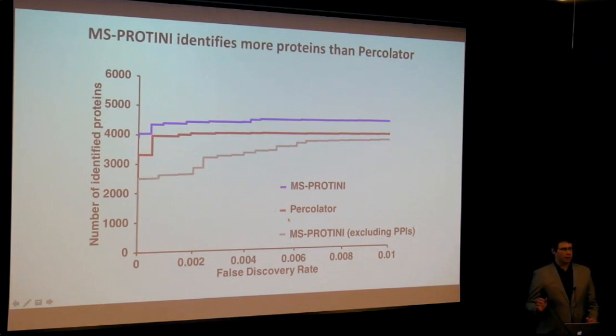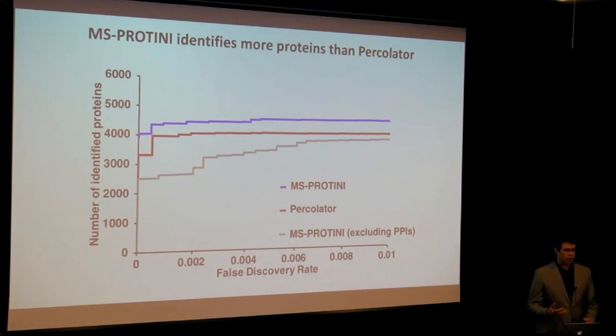Now, obviously, identifying more things and having a higher sensitivity is all great, but we wanted to know a little bit more about where the gains were and the biases that we were including in our analysis. In fact, by including protein interactions, there was a high risk that we were biasing our analysis against proteins that have no known interactions.